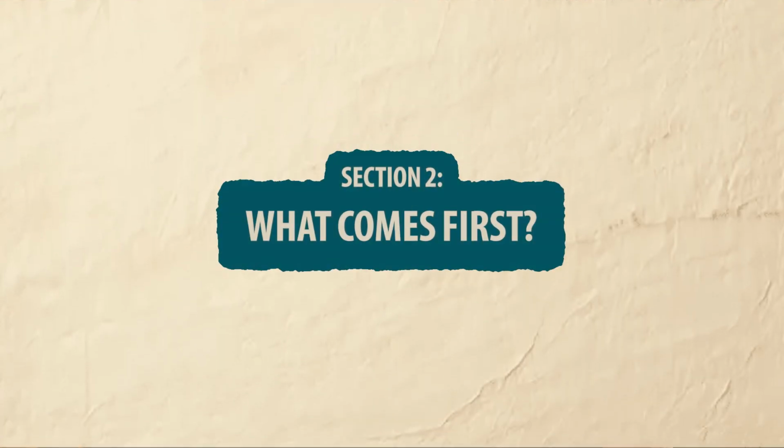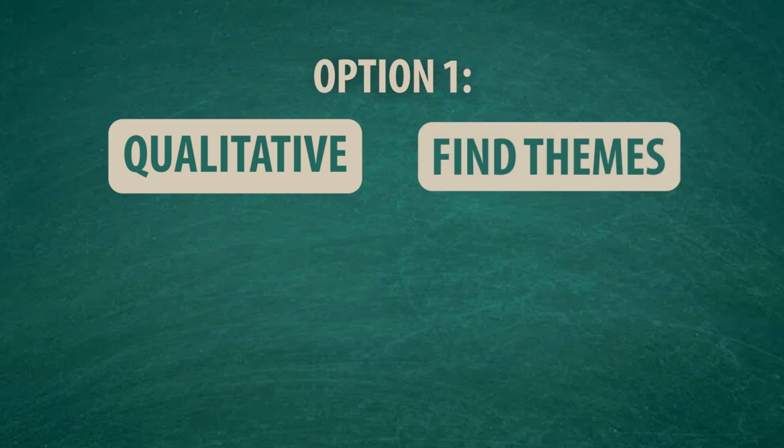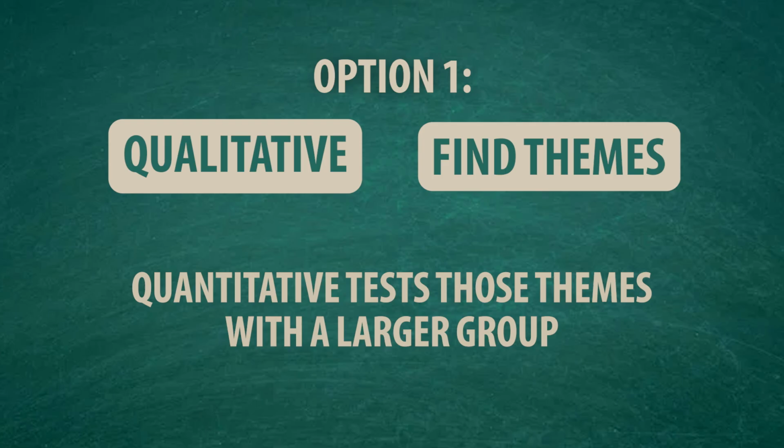Now, another question that arises sometimes is, well, which do I do first? And I have seen both. I've seen people take a, let's say, qualitative approach first, and then we've developed some themes, and then go to the quantitative approach to start testing those themes with a bigger population of people.